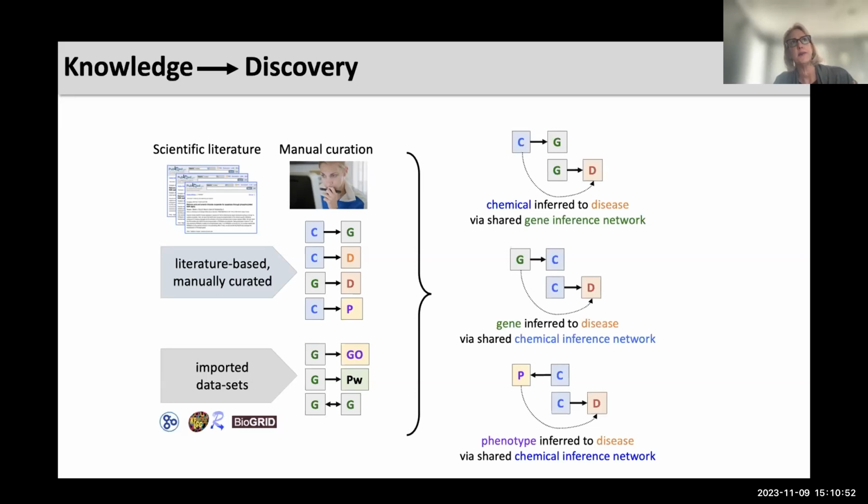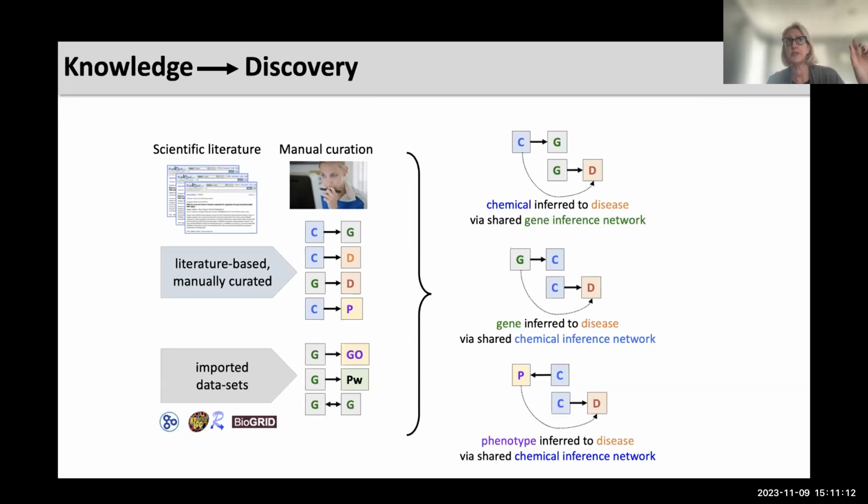And then the power really comes in the integration of this information. A lot of the papers are looking at binary relationships, like this chemical we're showing interacts with this particular gene, and maybe some other paper is then showing that that particular gene has some relationship to a disease.